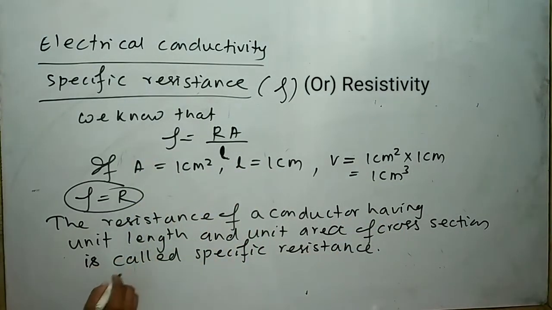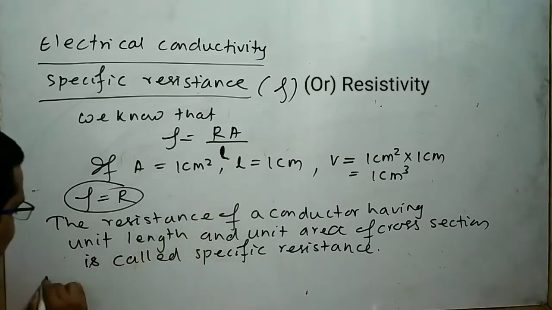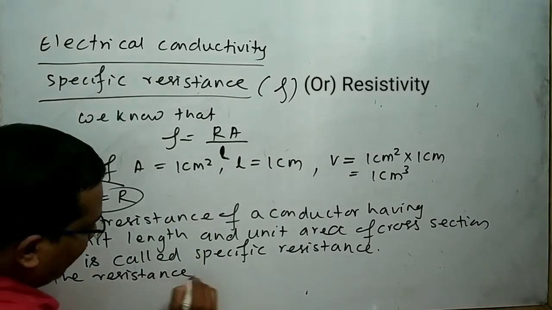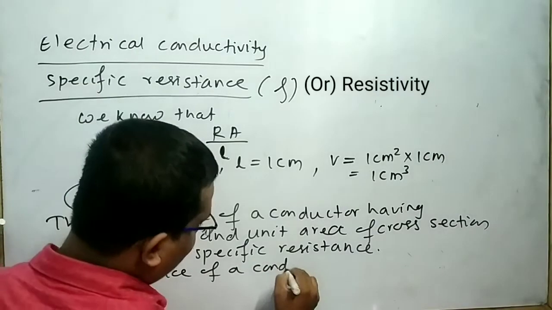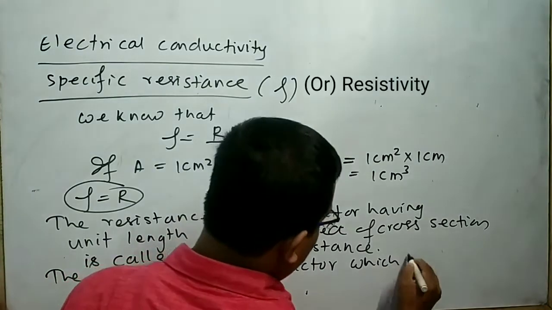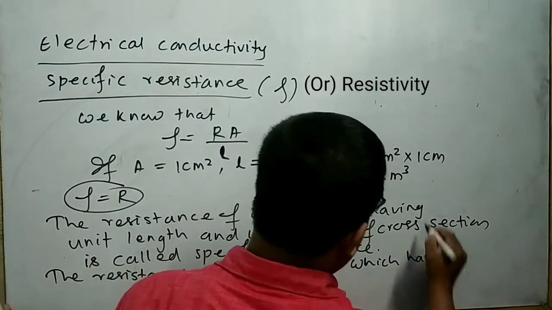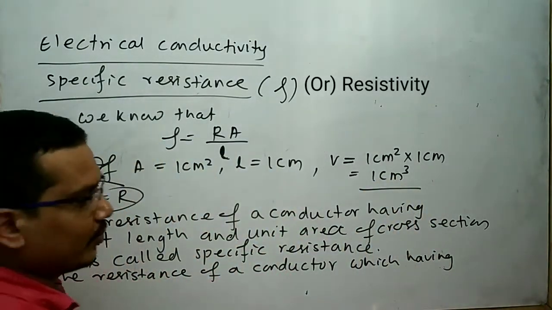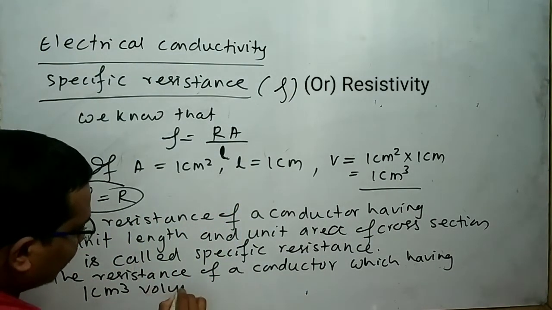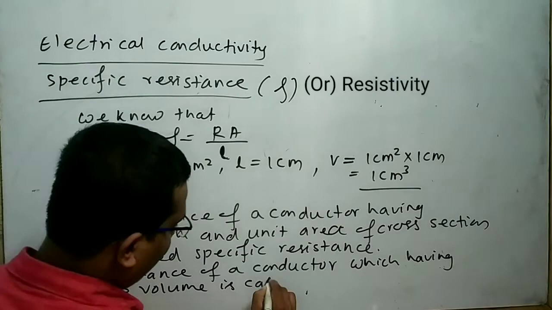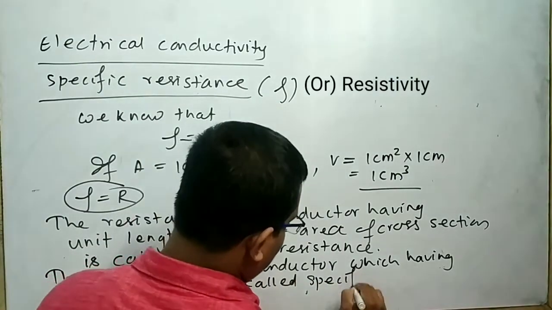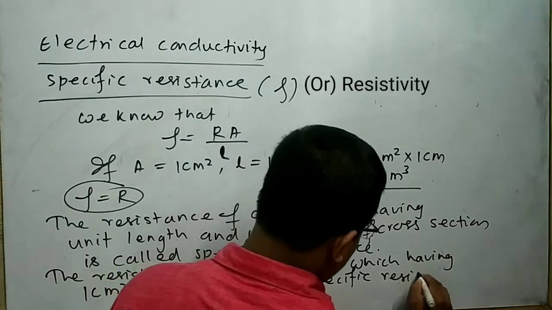It is also defined as the resistance of a conductor having 1 cm cube volume, is called specific resistance.